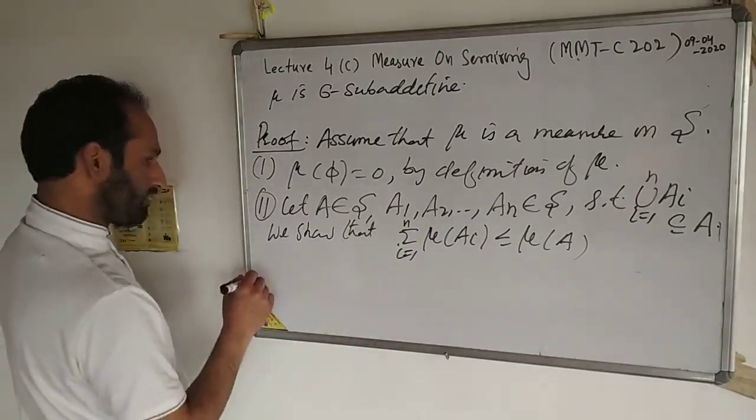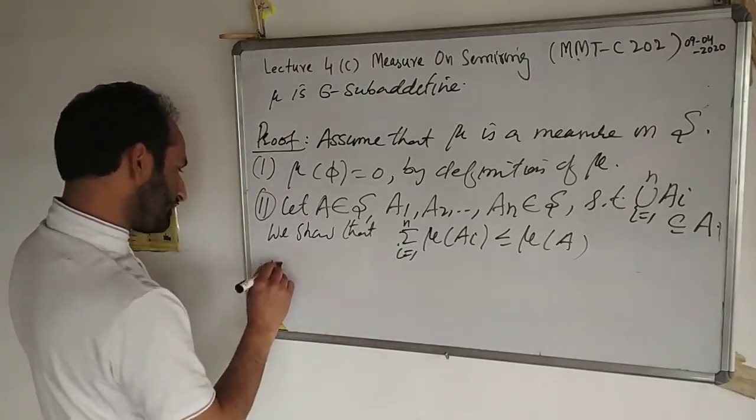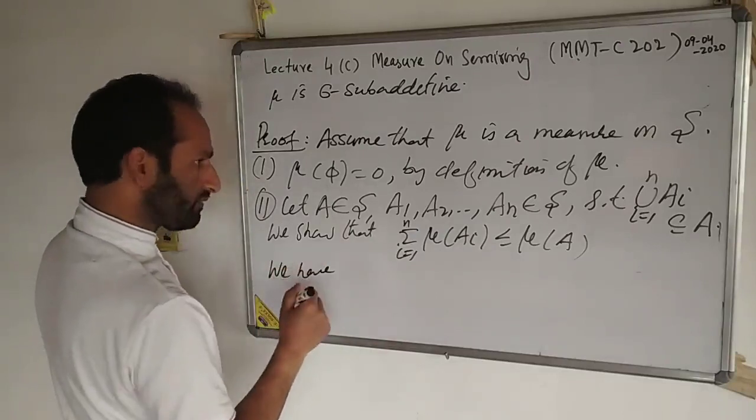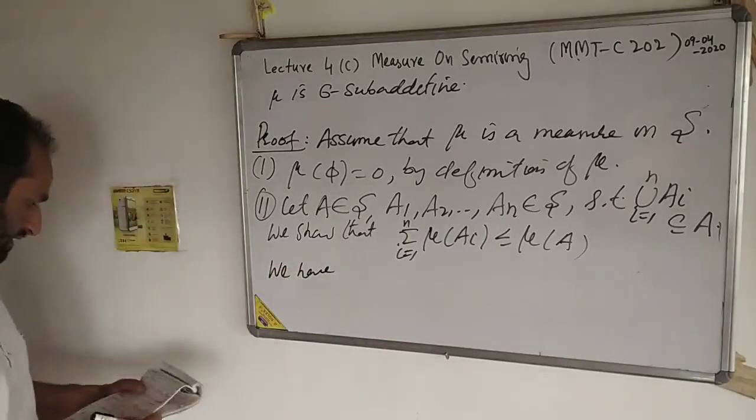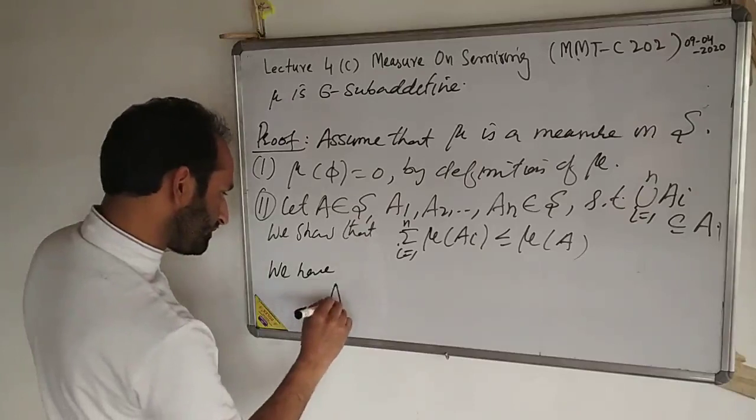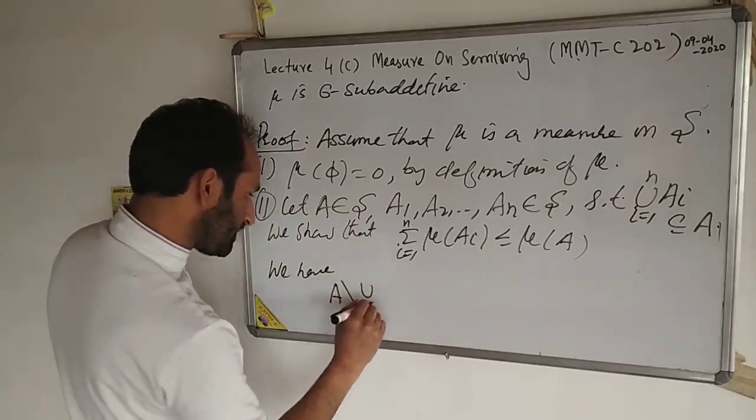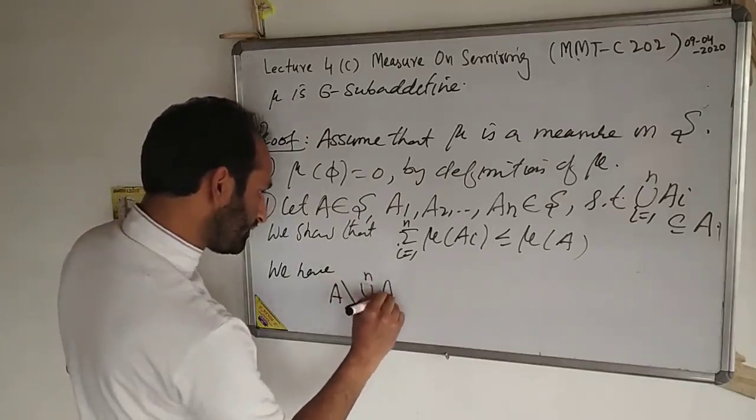So we have the difference A minus the union I runs from 1 to n, AI.